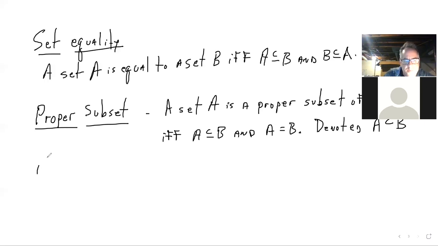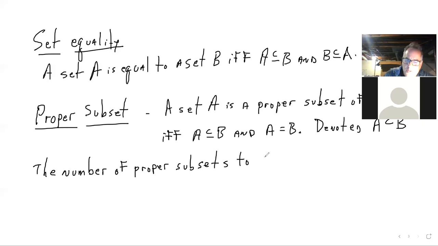So the number of proper subsets to a set is 2 to the n still, just like we did for the number of subsets, but then take away 1.